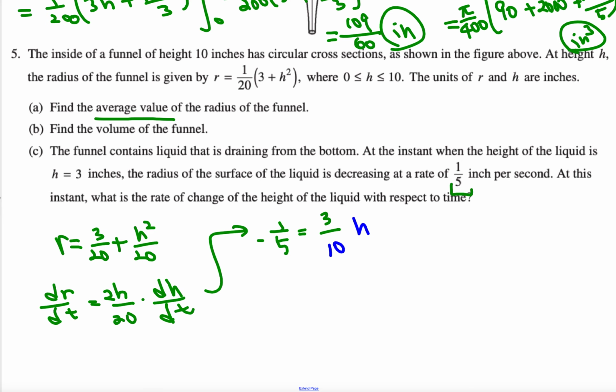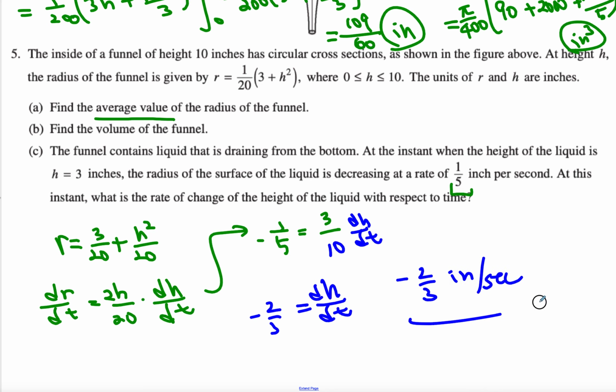H was equal to 3, so we already put it over here. Then what do we end up getting? dh dt becomes negative 2/3 inches per second. So negative 2/3 inches per second is my final answer.